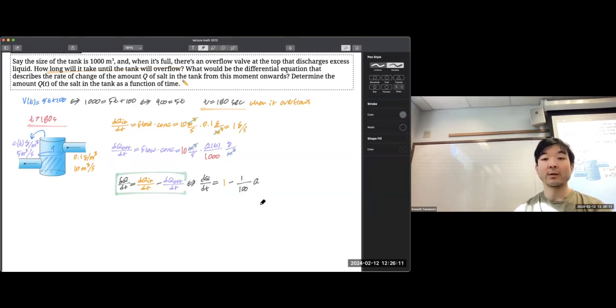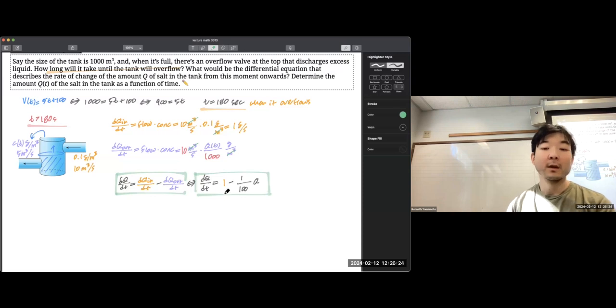So this is our differential equation now. It's for when t is greater than 180. This is when we're already overflowing. You could write this in the standard form.